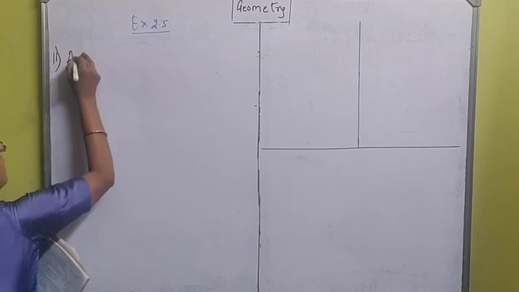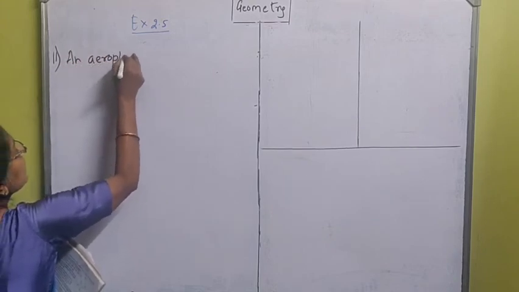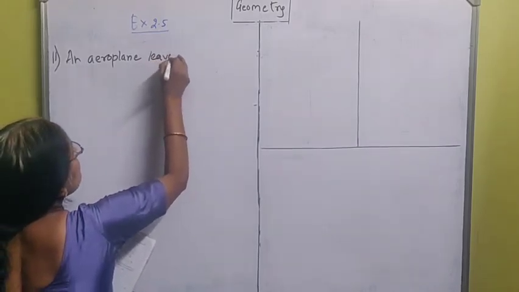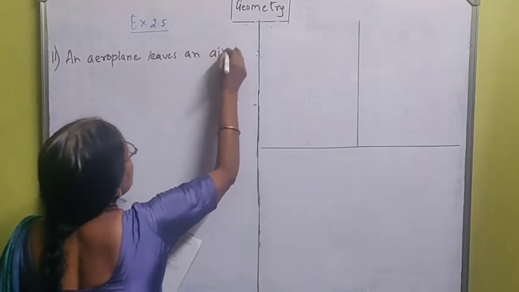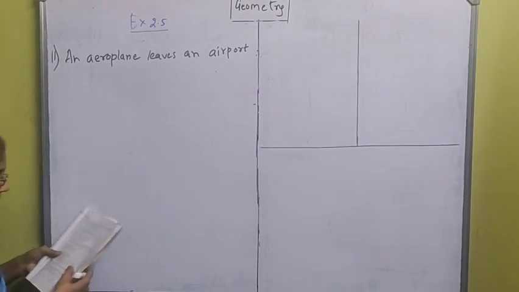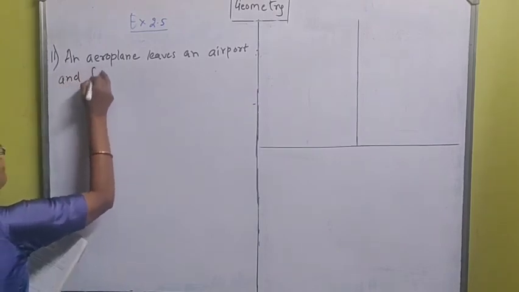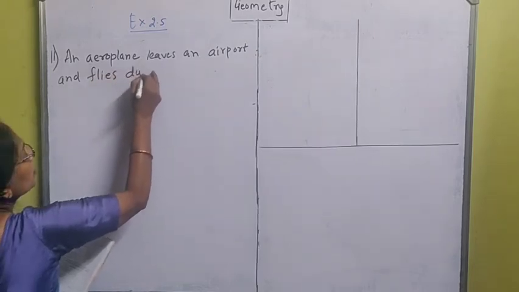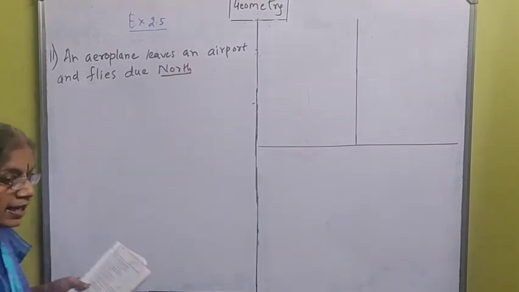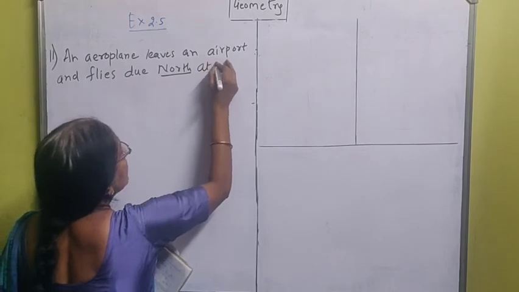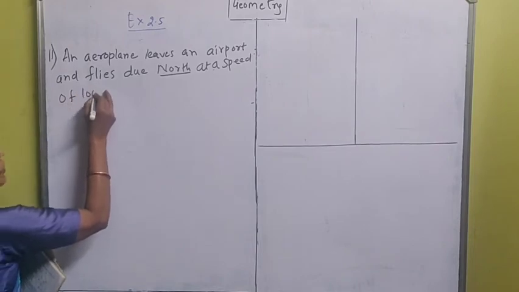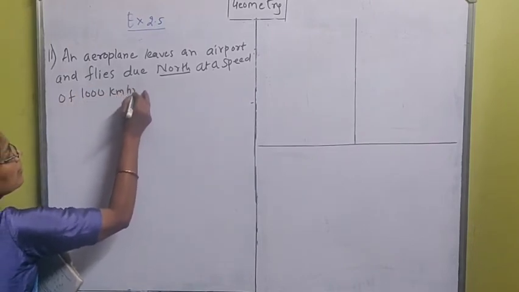It is given an aeroplane leaves an airport and flies due north, so it is flying in the north direction at a speed of 1,000 kilometer per hour.